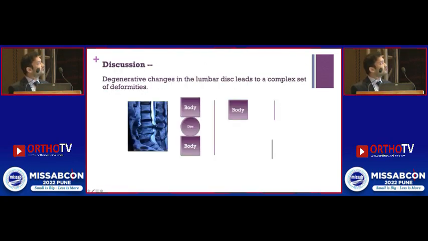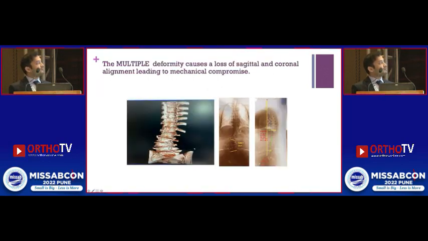Coming to the discussion, as we all know, degenerative changes in the lumbar disc start with the loss of disc height, then PLL buckling, then ligamentum flavum hypertrophy and facet hypertrophy, and canal stenosis.